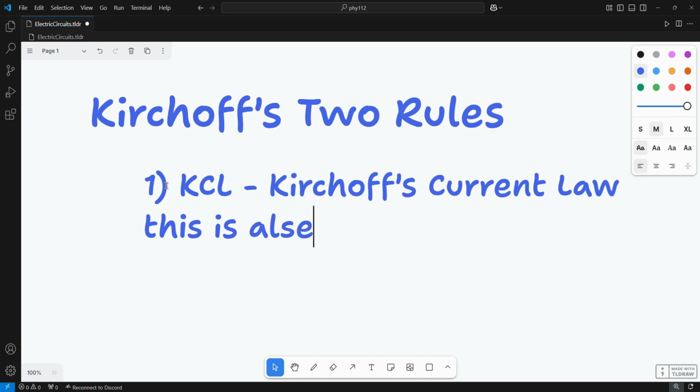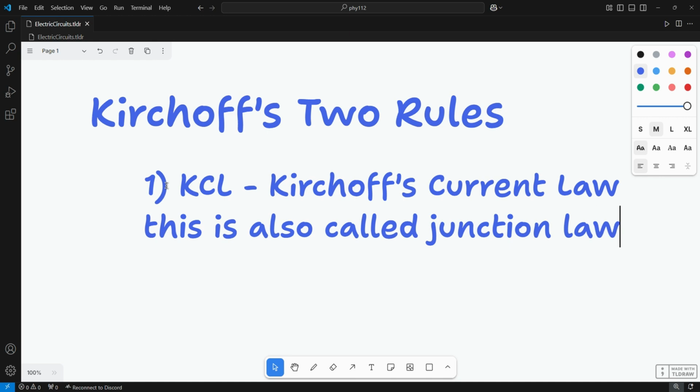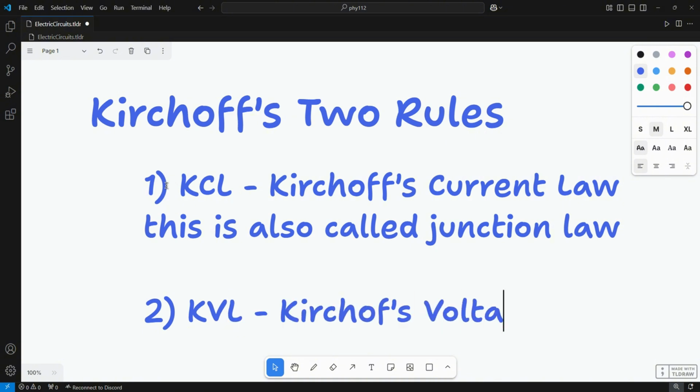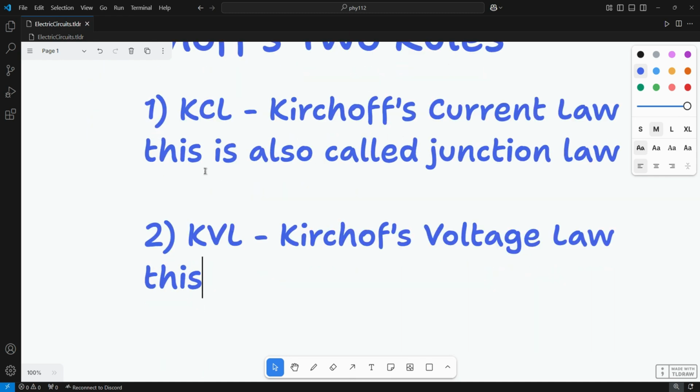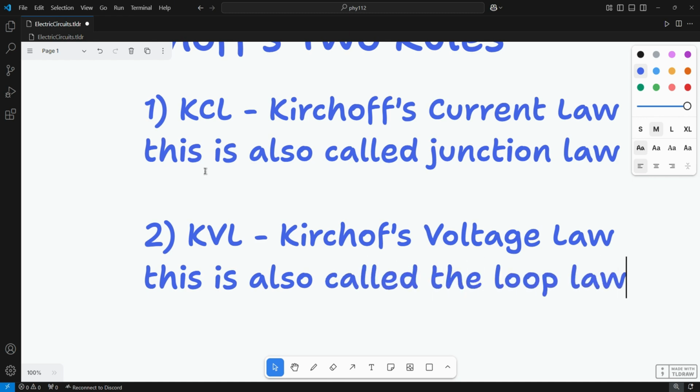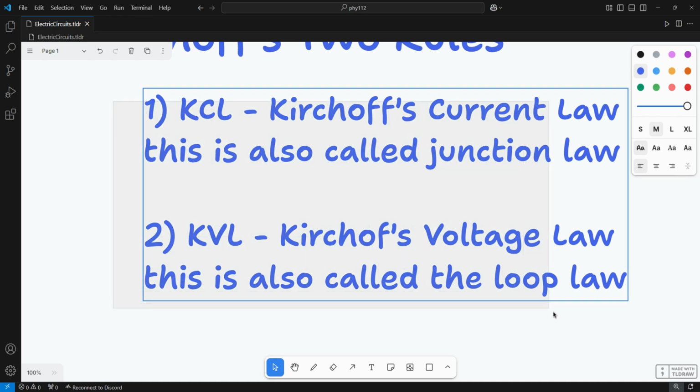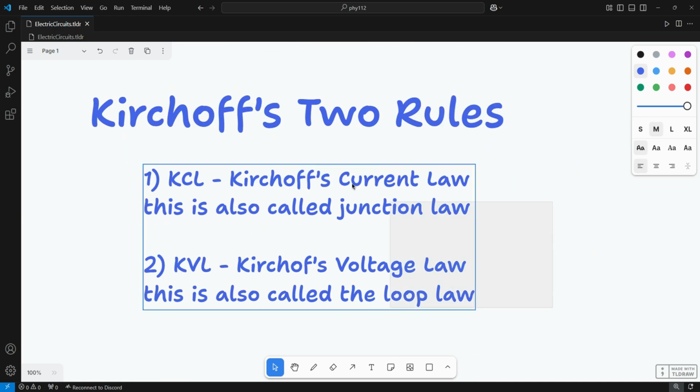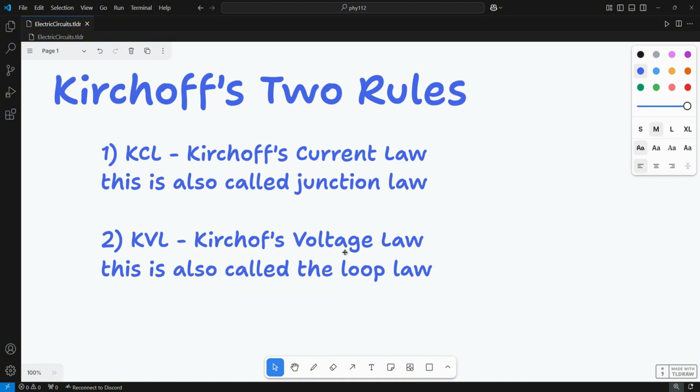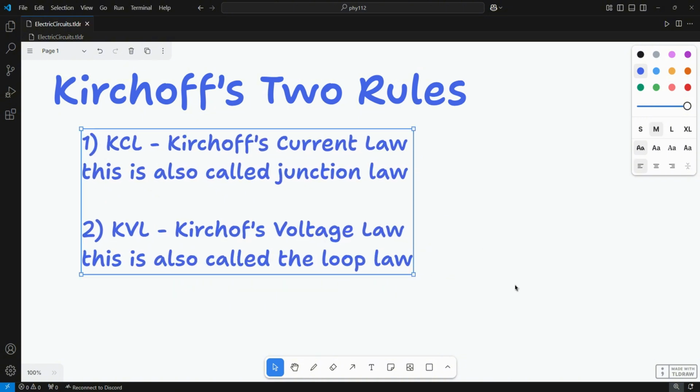This is also called the junction law, and the second rule is KVL, which is Kirchhoff's voltage law. This is also called the loop law. We'll see why these are called this in a minute, but let me just state the law. One deals with current and one deals with potential difference in a closed circuit or a loop.